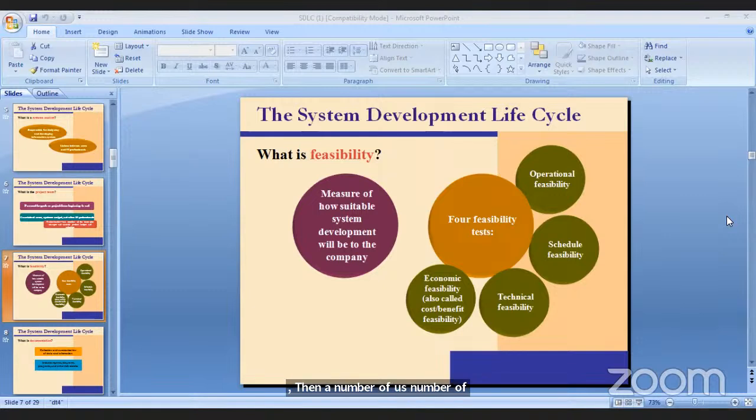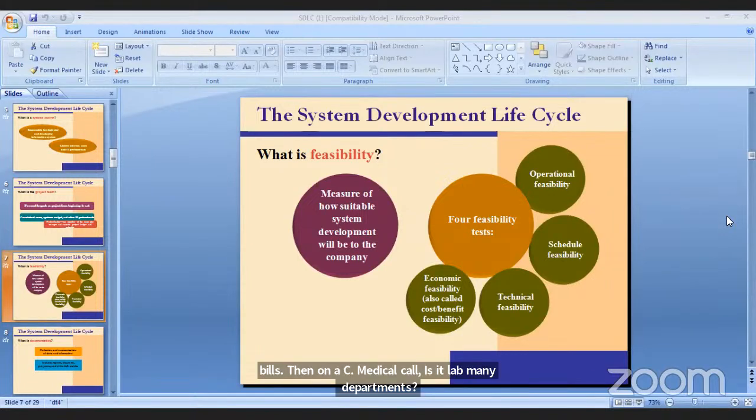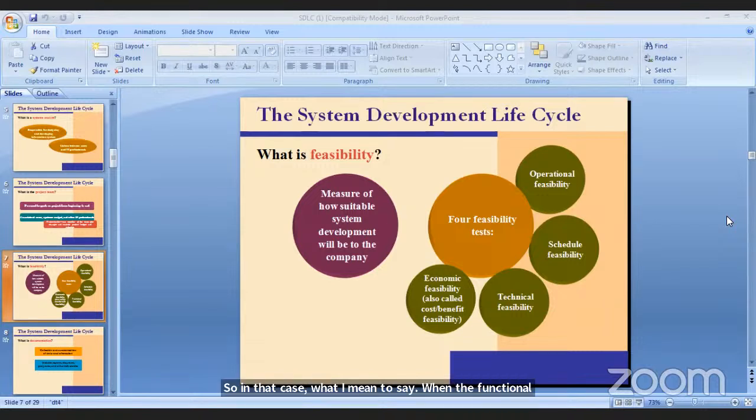Let's say the total number of hospitals in Odisha is 10,000. Then one of them is, let's say, SCB Medical College, which will have many departments. So what I mean to say is, when the functional modules are more, it will take more time to develop that system. But whenever the number of modules is less, it will require less development time.